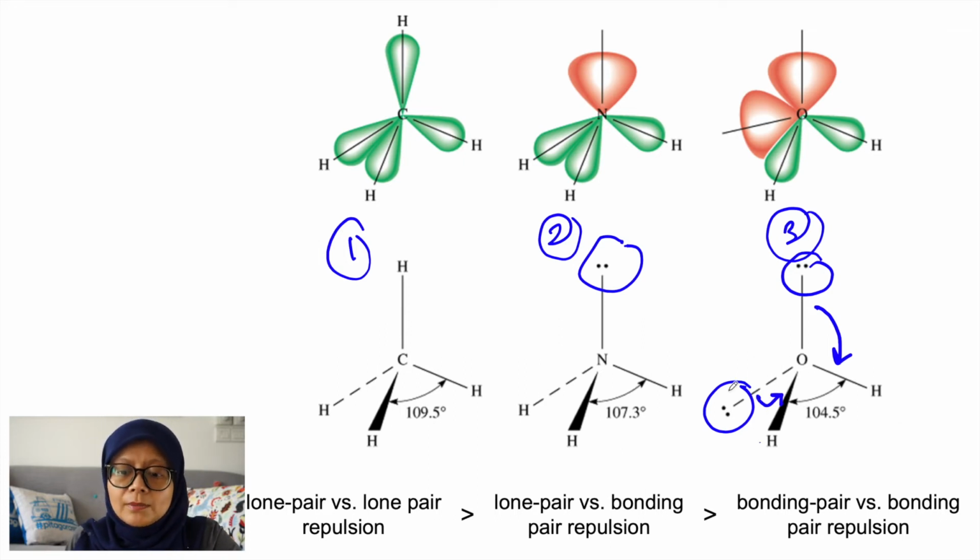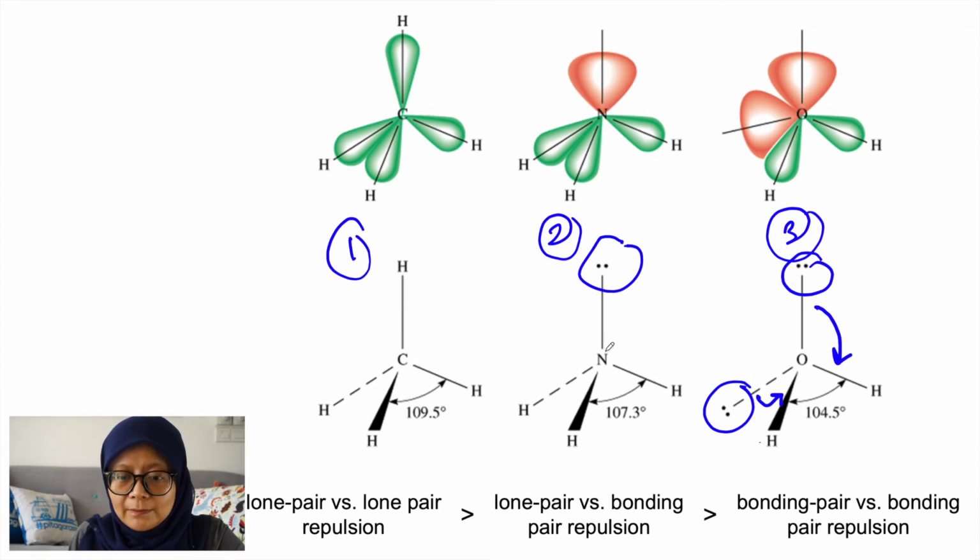We know that lone pair has greater energy, so the angle here will become smaller. That's why lone pair versus lone pair repulsion is bigger compared to the lone pair versus bonding pair repulsion.